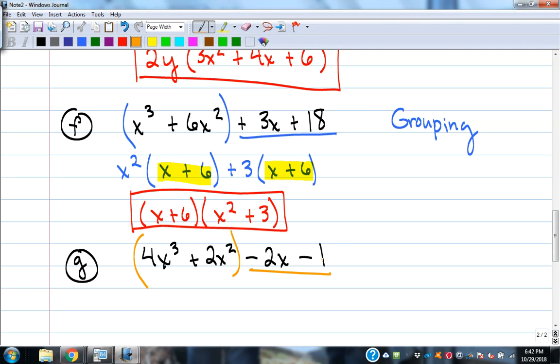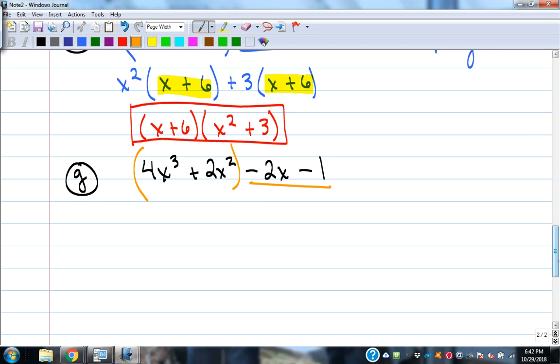Second 2 together. What's the GCF of 4x cubed and 2x squared? 2x squared. What would that leave in their parentheses? 2x plus 1.